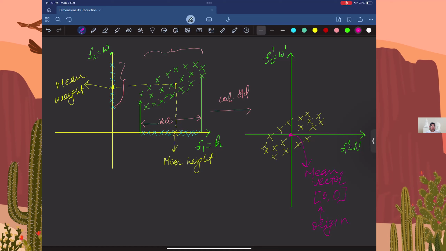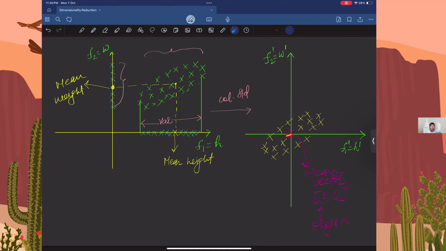So what I am doing, my new data, after getting transformed, after doing column standardization, will look like this. Can you see? Now, this is my mean vector.